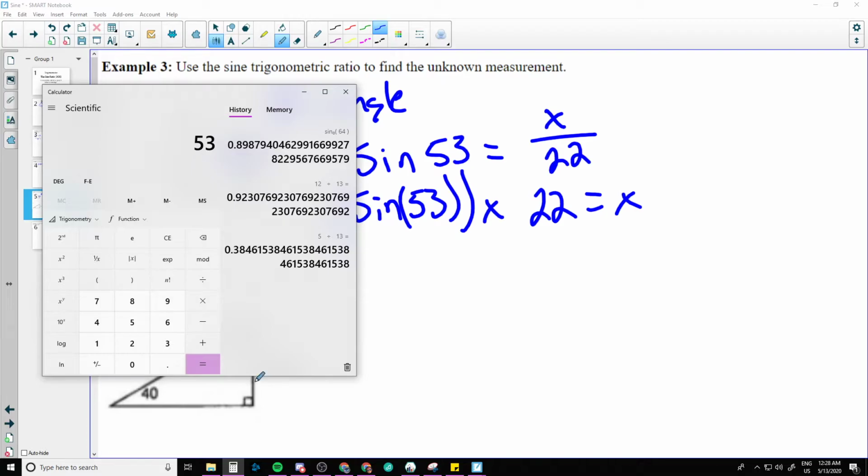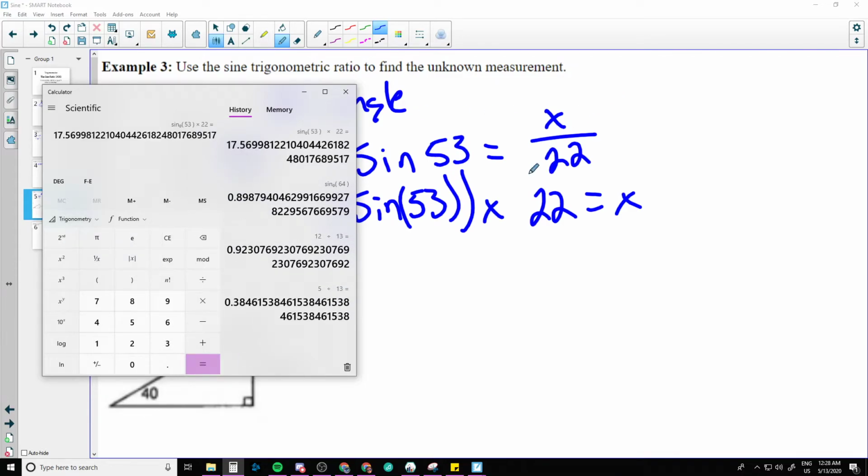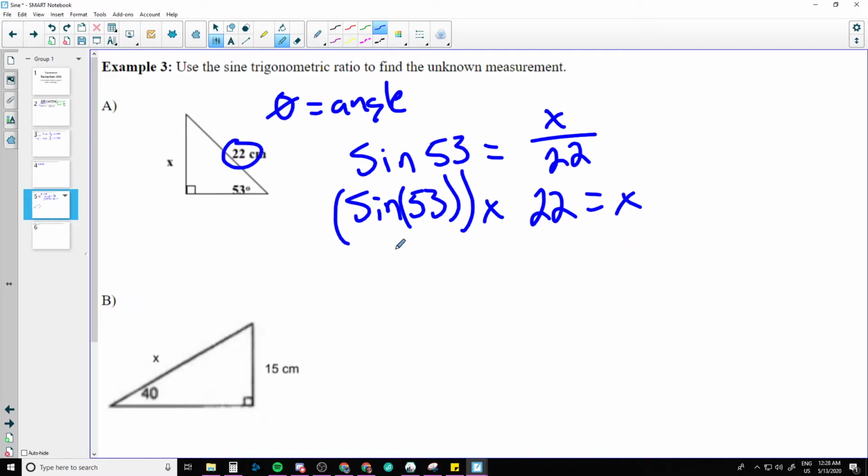So 53, the sine of that, and we're going to times that by 22. Enter. And that gives us 17.57. So x equals 17.57. What are our units? Centimeters. Okay, so when the x is on the top, you multiply them.